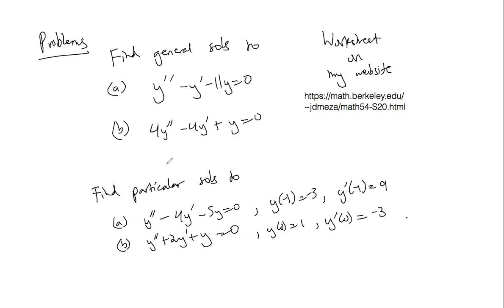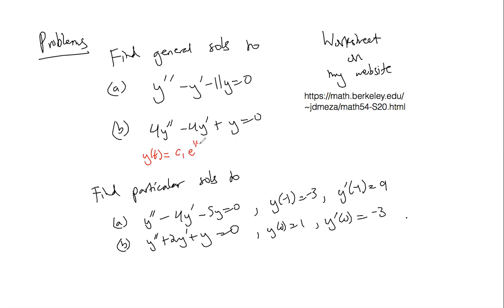Got one half for the second one. Yeah, the second one, let's see. I think one half works. You get plus 4t. Yeah, one half, as a double root.